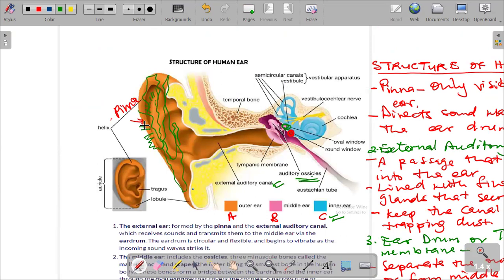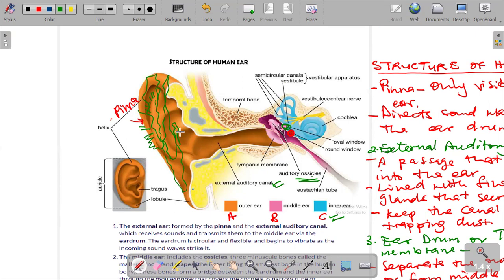We have got the cochlea. As you can see there, it is one piece of the ear that looks like a snail.